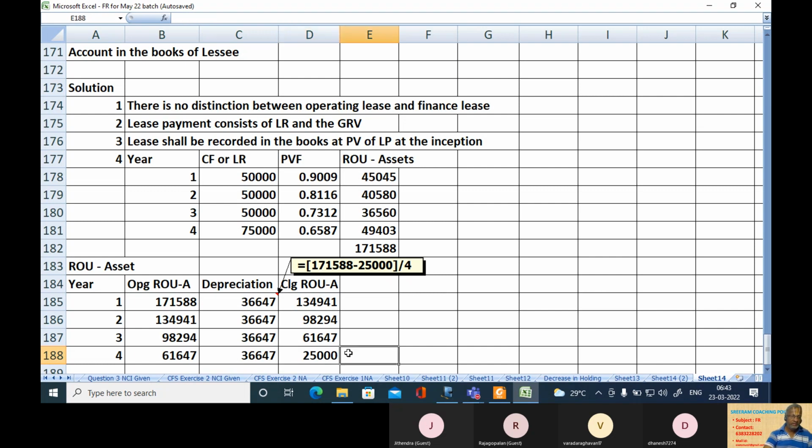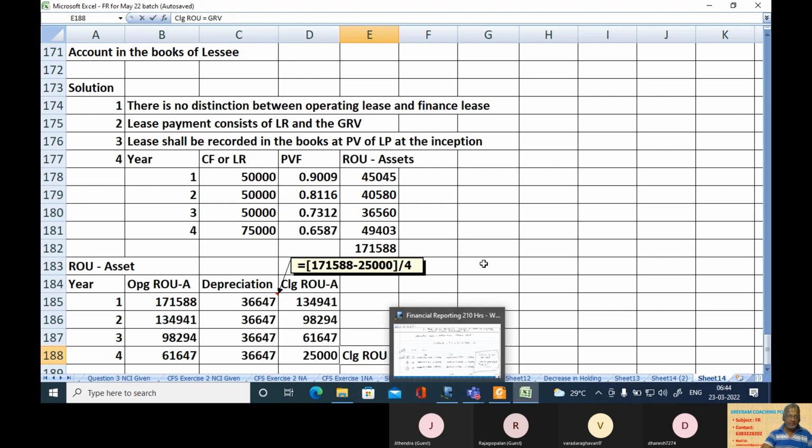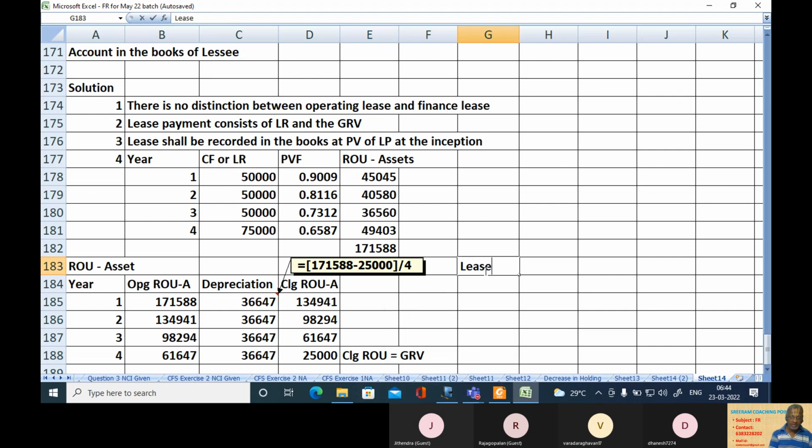So finally, the closing ROU is equivalent to guaranteed residual value. Okay. Then what is that we are expected to do for lease payable? It is year number 1, 2, 3, and 4.